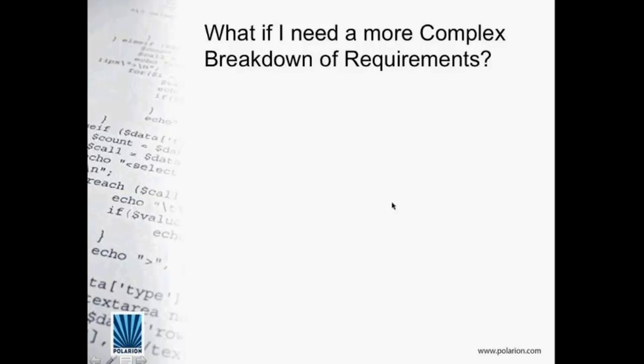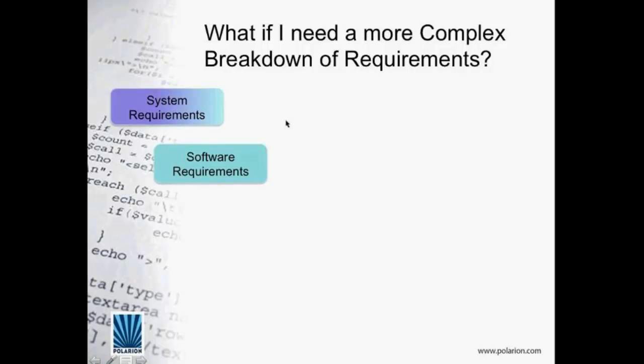So instead of just one type of requirement that applies to everything that we do, we start out with perhaps a higher level system requirement. And that system requirement gives us the basic functionality of the whole system. But it breaks down into, in some cases, the needs of the software application, a user interface, or a server application. And so I have software requirements.